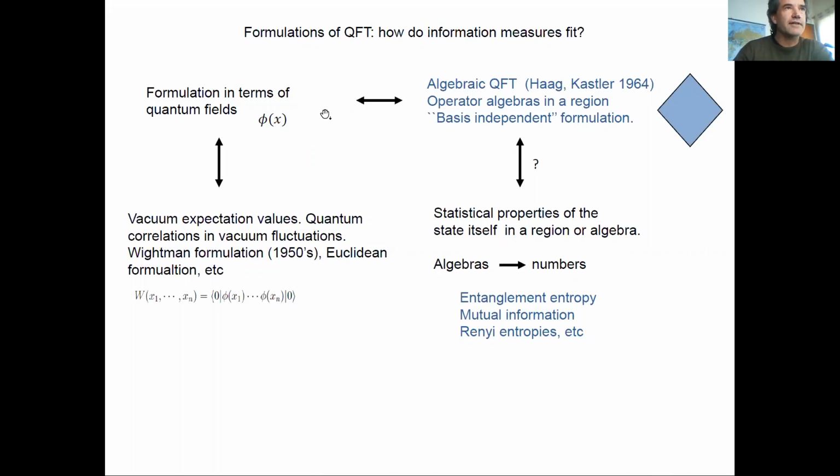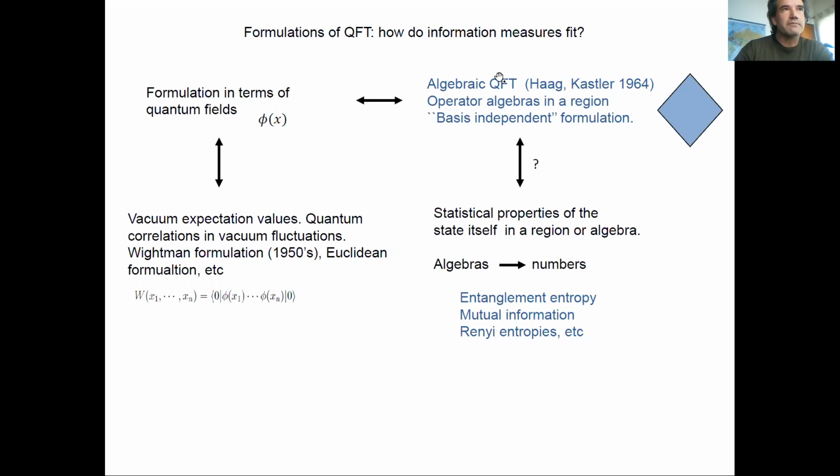But there is also another old formulation of quantum field theory by Haag and Kastler in '64 called algebraic quantum field theory, which is based not just on a field at a point, but on the full operator algebra in some region of space-time. One can think of polynomials of these smeared fields in some region.